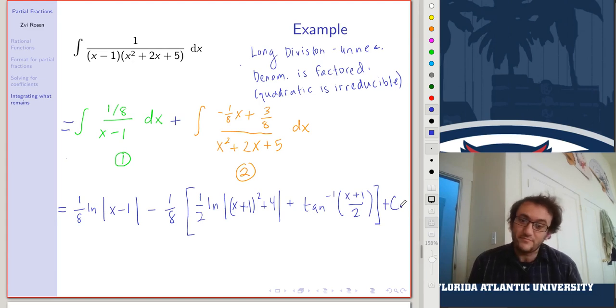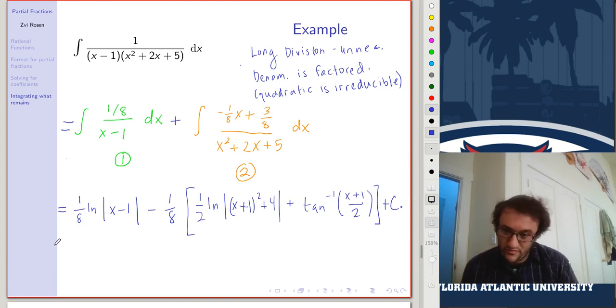Okay, so that is the integral. Pretty long problem. If you want to simplify further, you can maybe factor the constants a little bit differently.